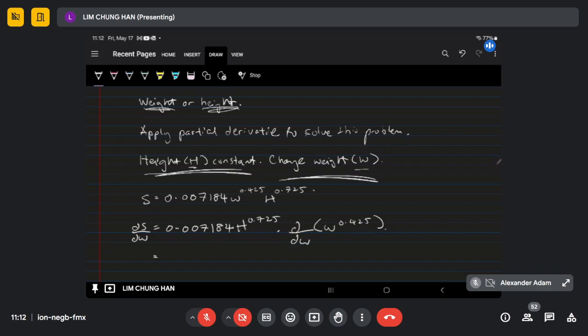Okay, so what do you get when you differentiate this? How do you differentiate this? 0.425 W to the power of 0.425 minus 1, right?